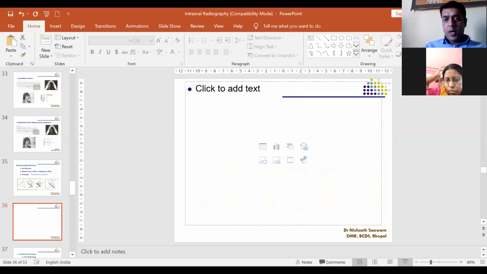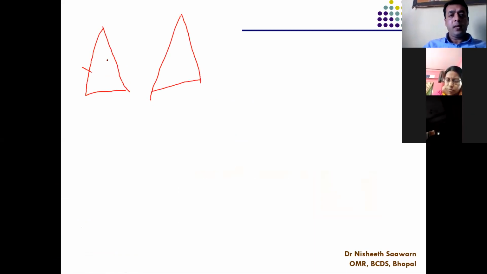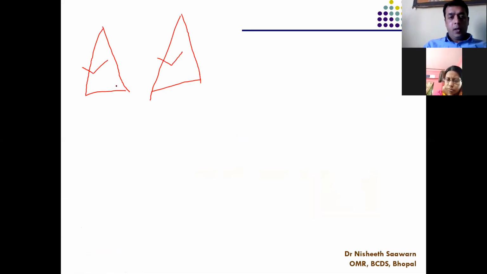So we take this blank slide. I have told you that there is something called Szymanski's rule of isometry, which says that if we take two triangles, like this and another like this, and this side is equal to this side, and this angle is equal to this angle, and this angle is equal to this angle, then these two triangles will be equal to each other in all aspects.